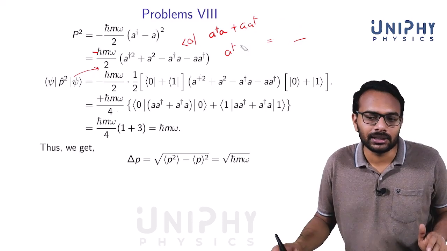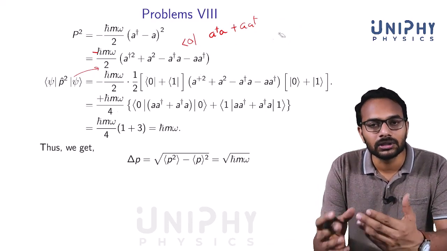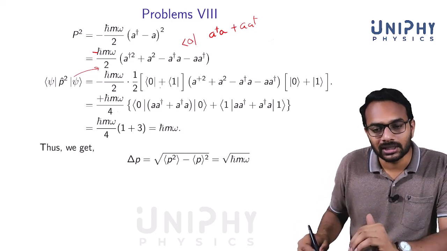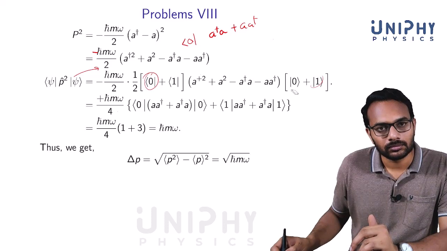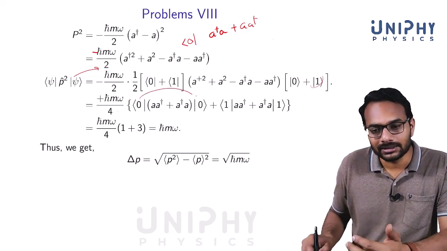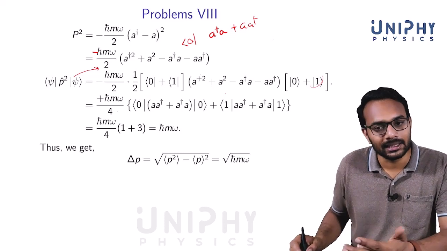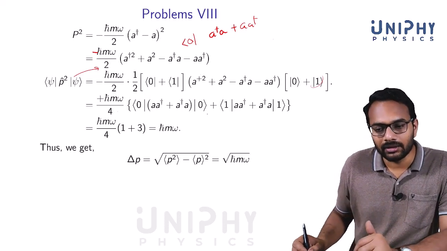So just remember this: if a and a dagger appear an equal number of times, then the non-zero terms correspond to those where these two states are the same. So we take only those terms with the same state on both ends and get rid of the other terms because these are 0, and then we write it like this.